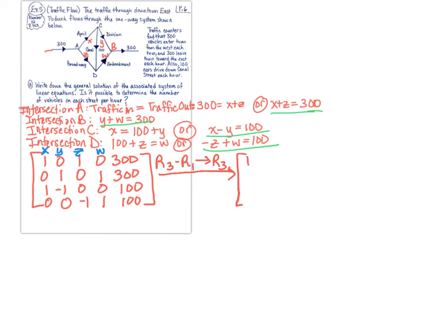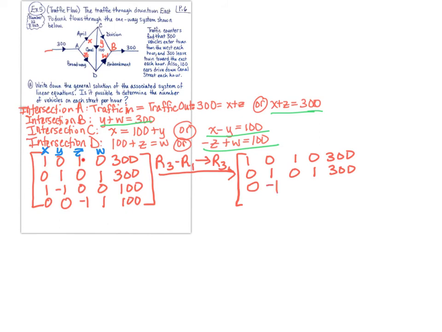So we have 1, 0, 1, 0, 300. We have 0, 1, 0, 1, 300. And then this is where we're changing row 3. So we do 1 minus 1, we get 0. Then we have negative 1 minus 0 gives us negative 1.